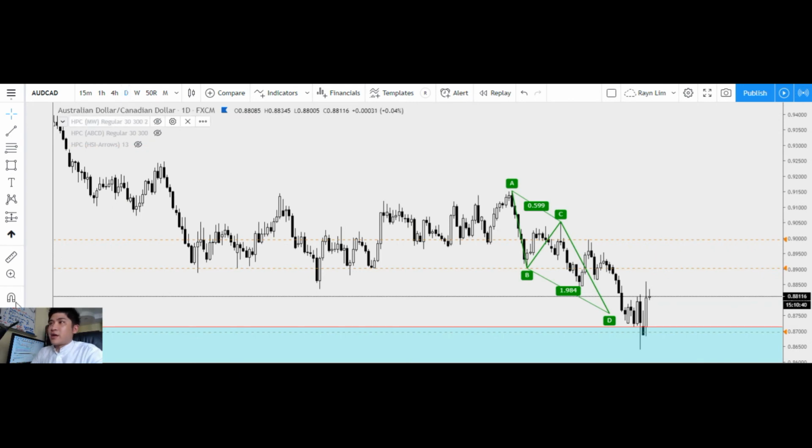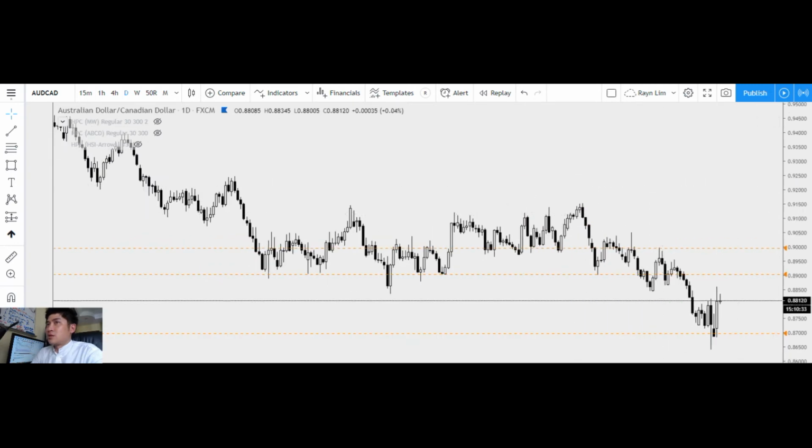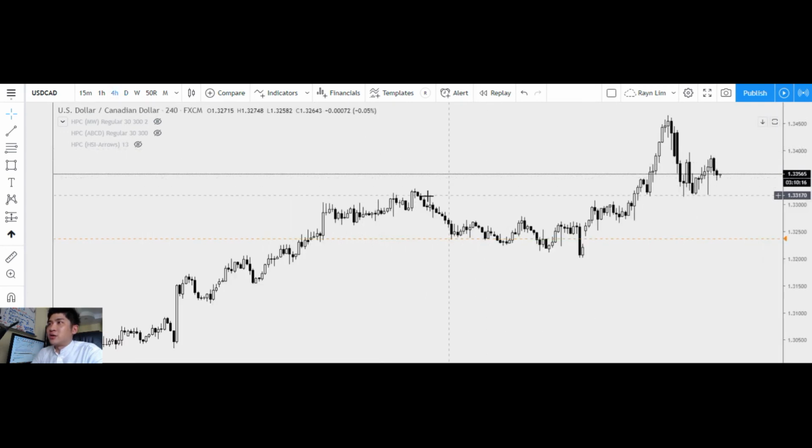Three more pairs, and I'm going to throw in one bonus content for you. Dollar CAD on the daily chart: the market broke and closed above the high after a retracement. Fantastic. There was one week where I saw a lot of well-known traders all geared up for a shorting opportunity on that. I just hope that they are not badly burned on that setup.